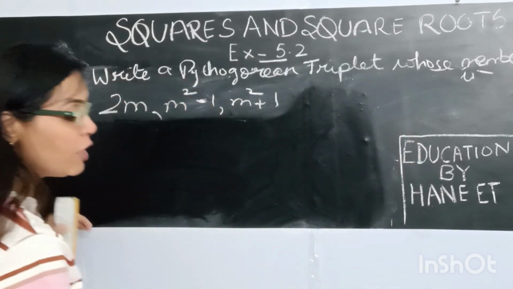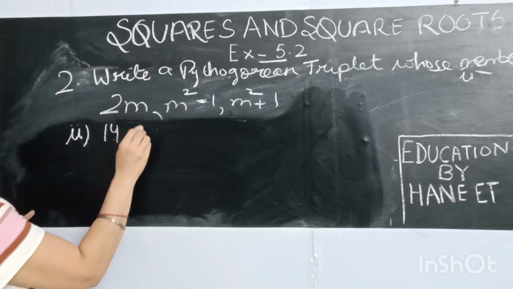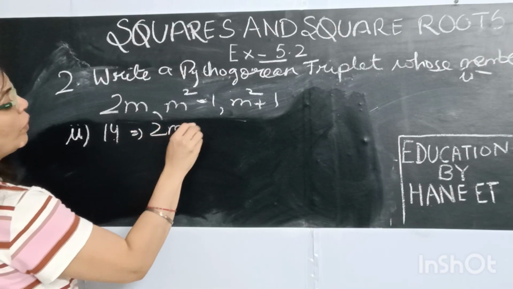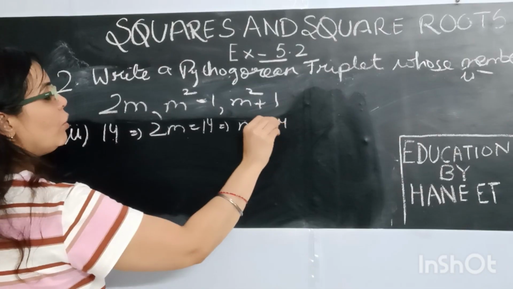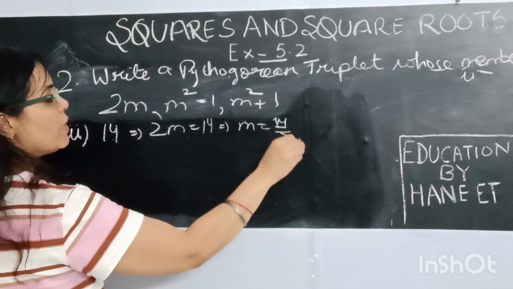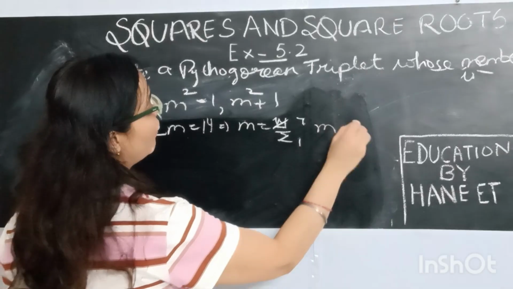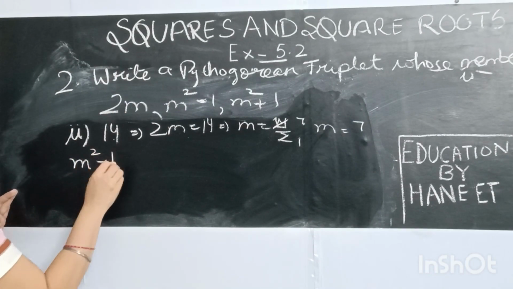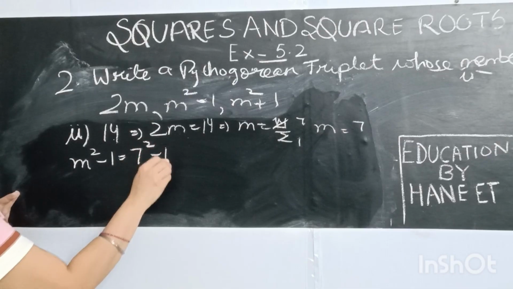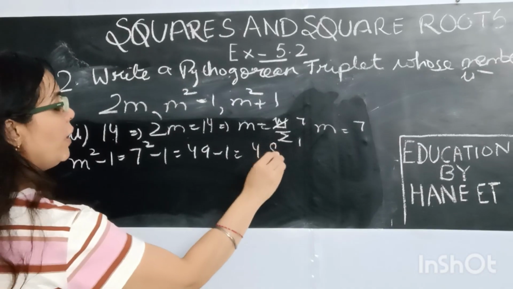The second part is 14. So first let's find m. So 2m is equal to 14. Then m will be 14 by 2. 2 ones are 2, 2 sevens are 14. So m will be 7. Now the second number, m square minus 1. 7 square minus 1 will be 49 minus 1, which is 48.